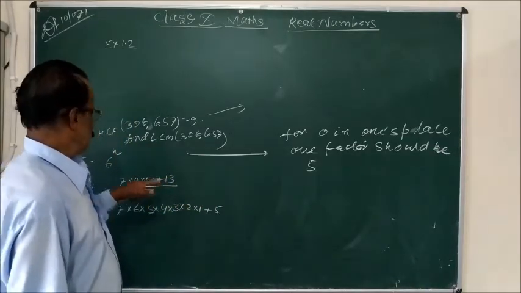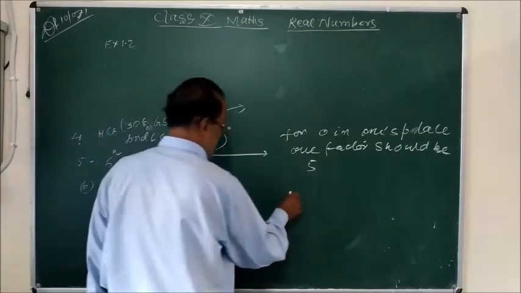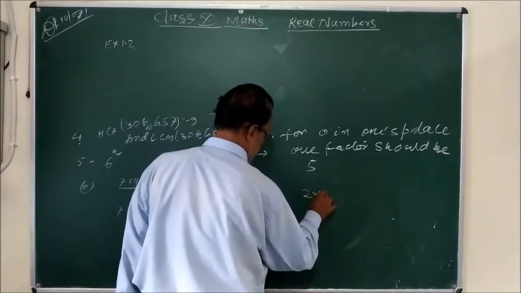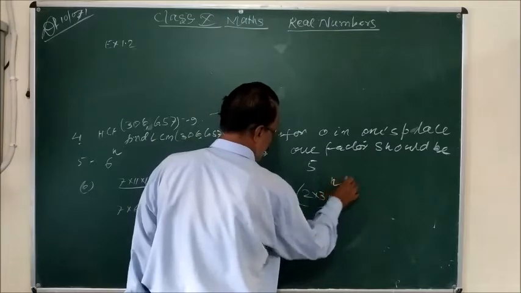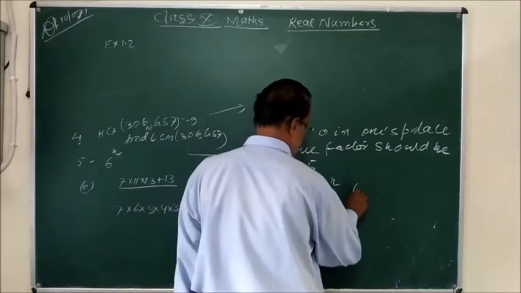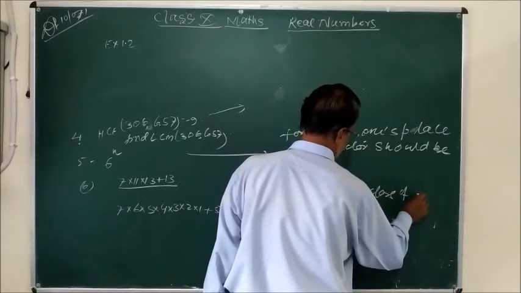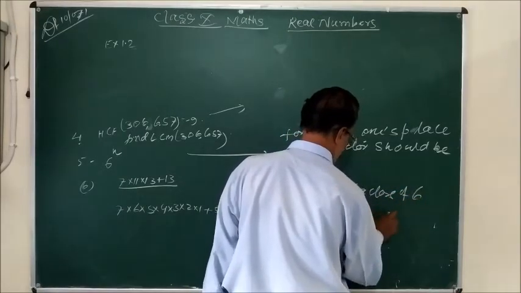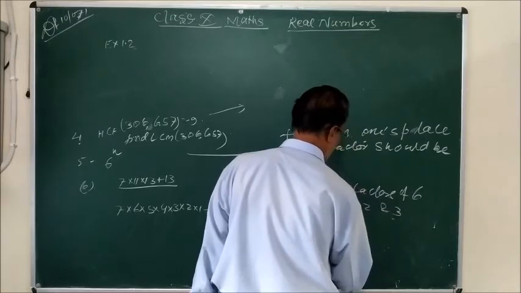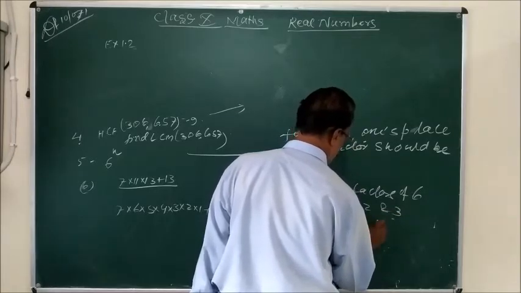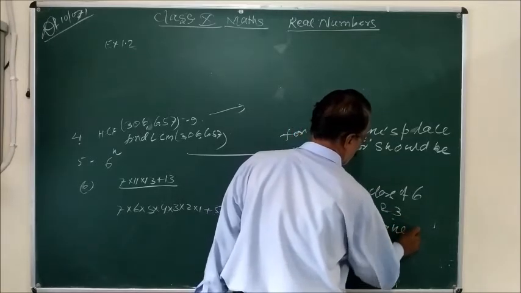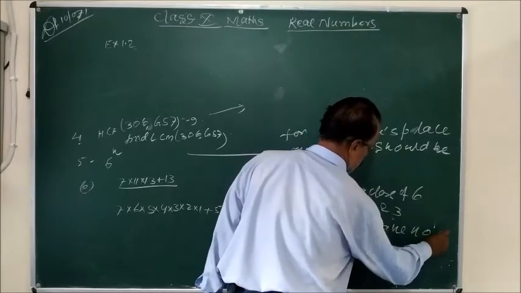So in this question, 6 means 2 into 3, so 6 power n is (2 into 3) power n. What are the factors of 6? The factors of 6 are 2 and 3, and we have no 5 in these factors.